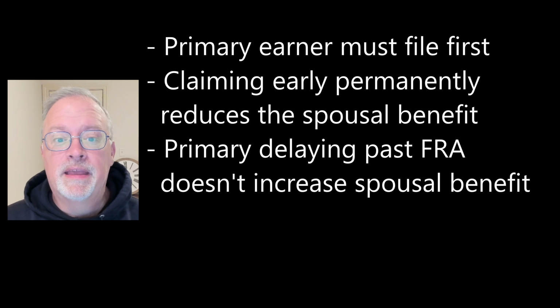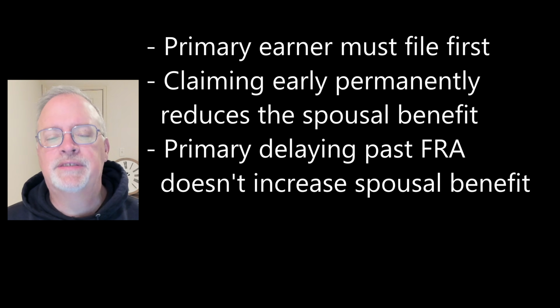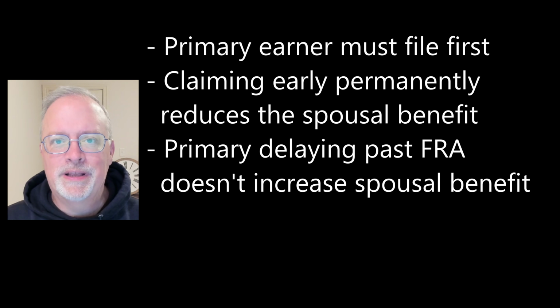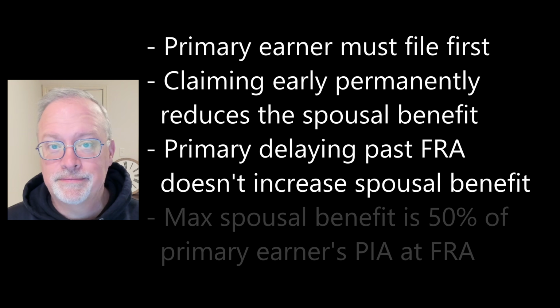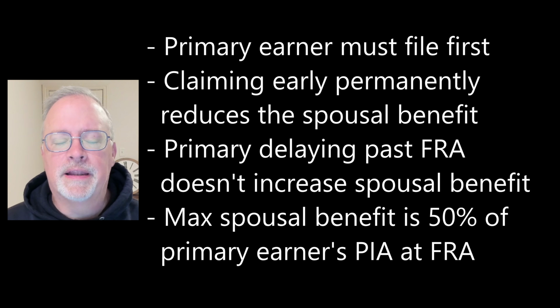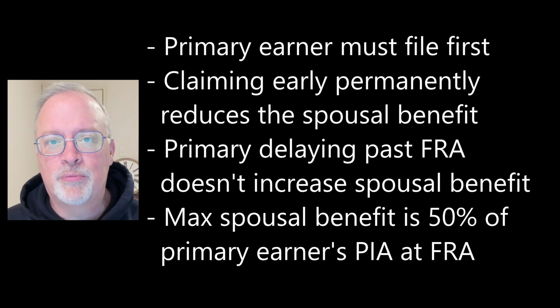And finally, if the primary earner delays claiming until age 70 to earn those really nice bumps in their Social Security benefit, the spousal benefit does not increase. The maximum that a spouse can get is 50% of the primary earner's benefit at full retirement age, regardless of how long the primary earner waits.